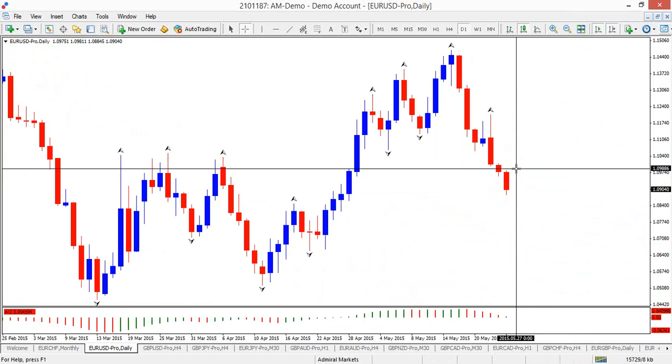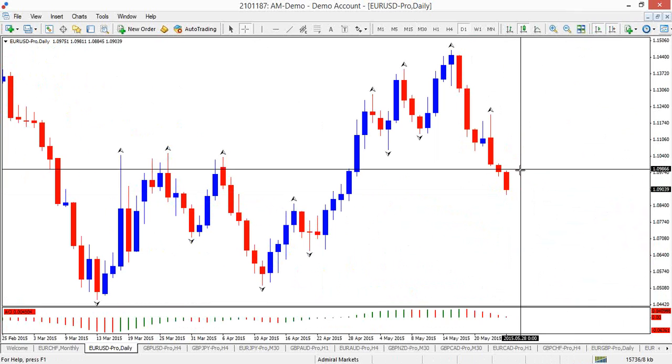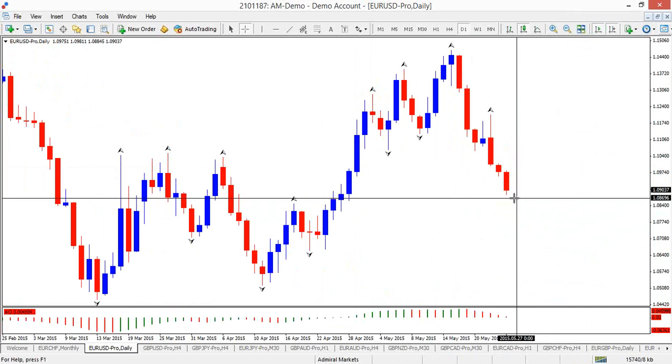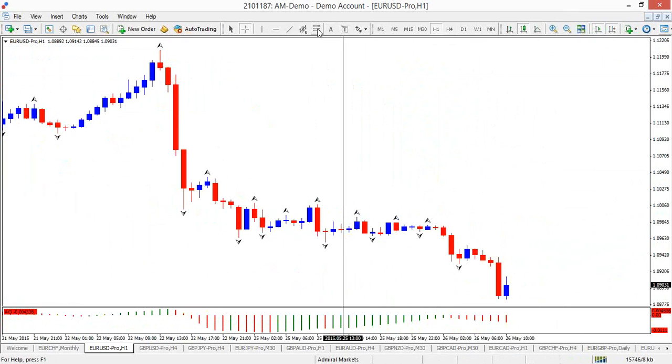But today, how much price movement could you see to the left? There's already a 100 pip candle. That's not that bad. So I would think that, let's put a fib from here to here.